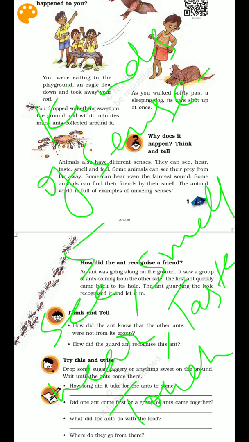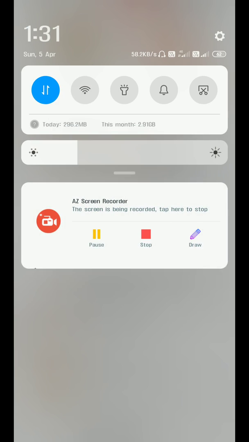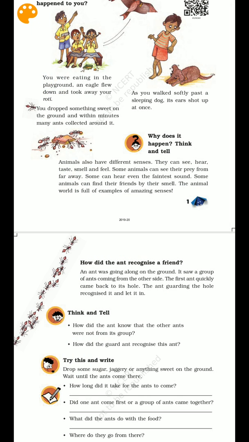Again I'm repeating, there are five types of senses: see, smell, hear, taste and touch. These senses give information to our body with the help of sense organs.